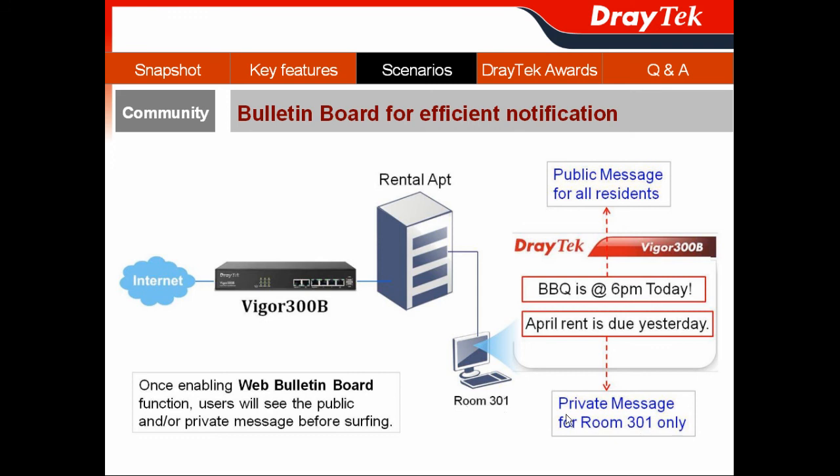When I open the browser, first I will see the bulletin board offered by Vigor300B, and the message is set up by my owner, or we say the vendor. First I will see the public message. First line, barbecue is at 6 p.m. today, which is nice. It's a public message for all residents. And the message for room 301 only is: April rent was due yesterday. That's for me only. So it can efficiently notify all residents and still give privacy to each resident through the bulletin function.